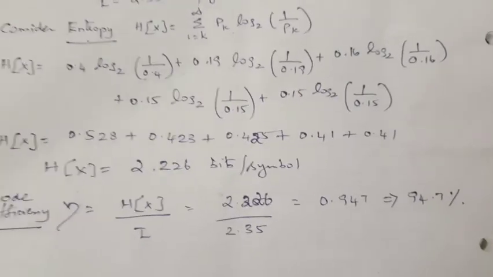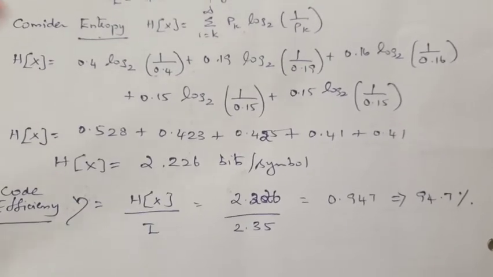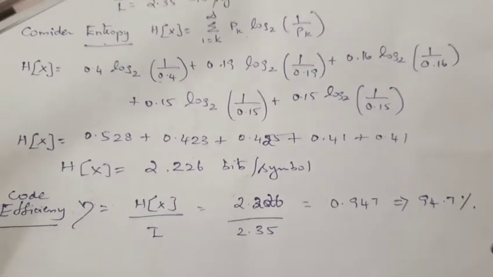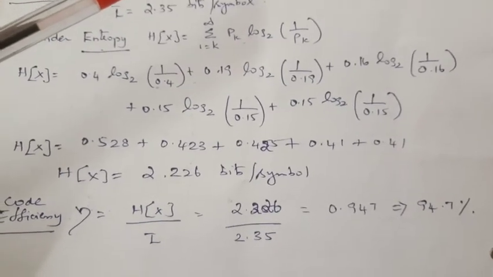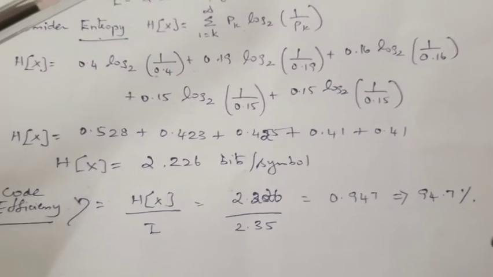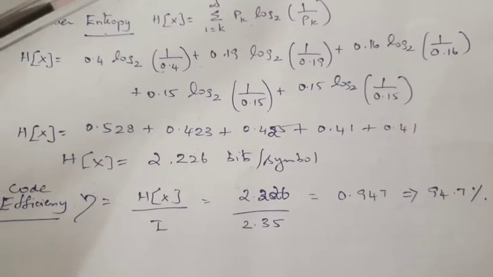This algorithm provides slightly higher efficiency than the Shannon-Fano coding algorithm. So with this I conclude that the source coding theorem is capable of converting discrete memoryless source probability values into a combination of binary digits 0 and 1.